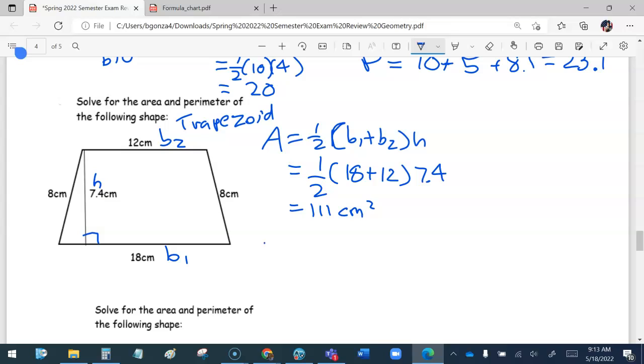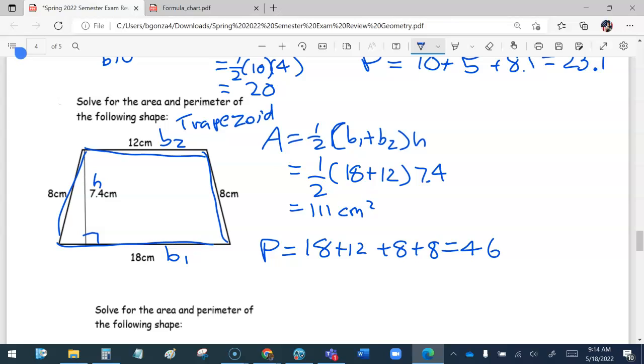For perimeter, there's only 4 sides, so you add up 18, 8, 12, and 8. Don't add 7.4 because that's not a side, it's on the inside. So you end up getting 46. And that's still centimeters, but not squared because it's just a length. Cool.